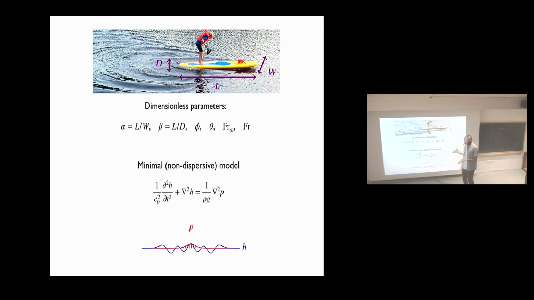This is exactly what you would get if you were in a shallow layer of water whose depth was 1 over k. You can derive that pretty easily. Obviously in deep water this isn't going to apply, but we're going to use the shallow water analog to help us understand the problem.